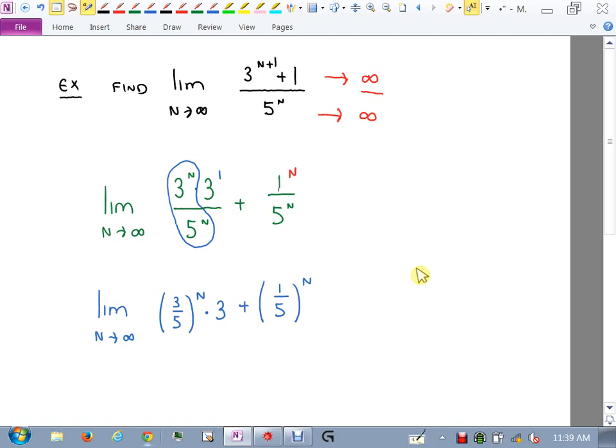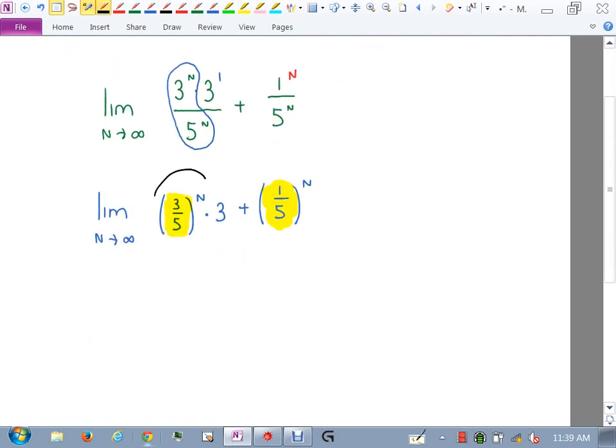Okay. All right. So now, why I did this is just so I could recognize these two things are separate problems, but this is an r to the n and an r to the n, isn't it? The r we have here is 3/5. 3/5 is less than 1, right? This is 1/5, that's less than 1. Because of the note we just had, I know that those two sequences individually go to 0, don't they?